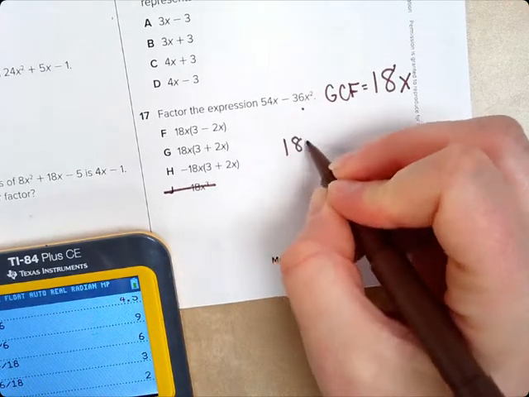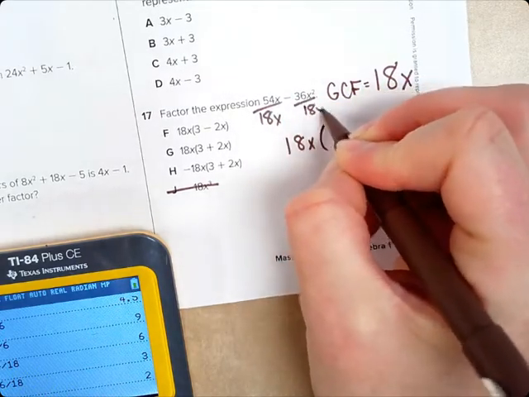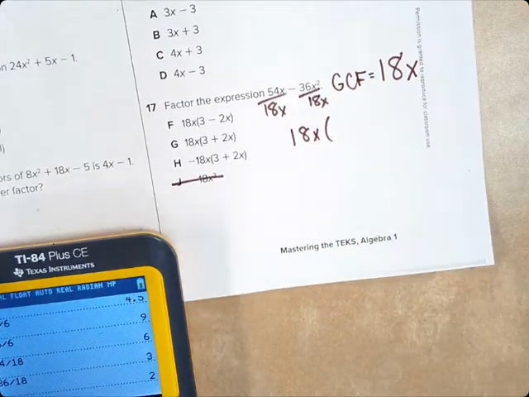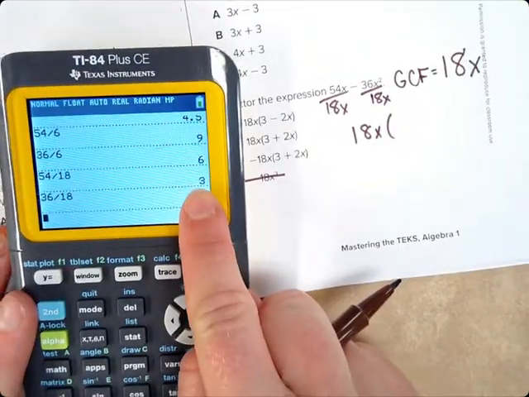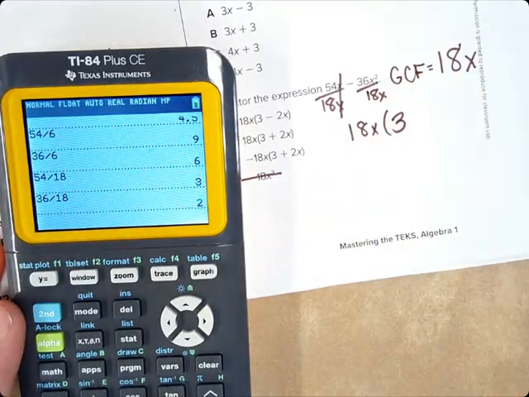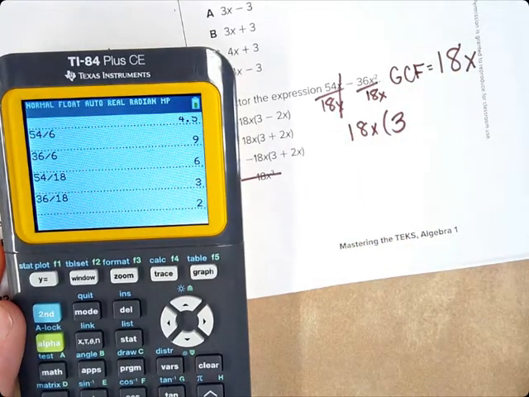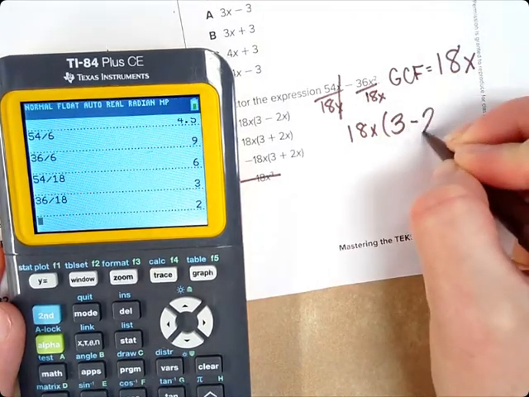So let's do 18x, and let's divide each one of these by the 18x. 54 divided by 18, we just did that, that's 3. x over x cancels out. Negative 36x squared over 18x. Negative 2x, yeah.